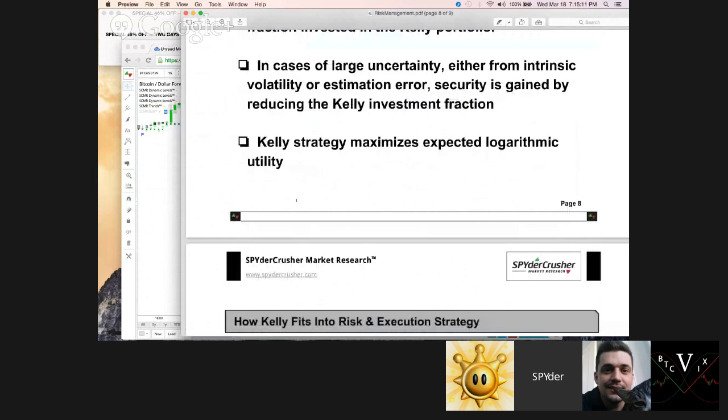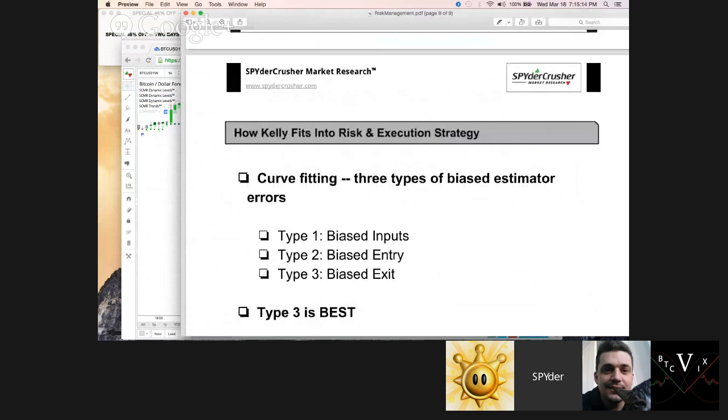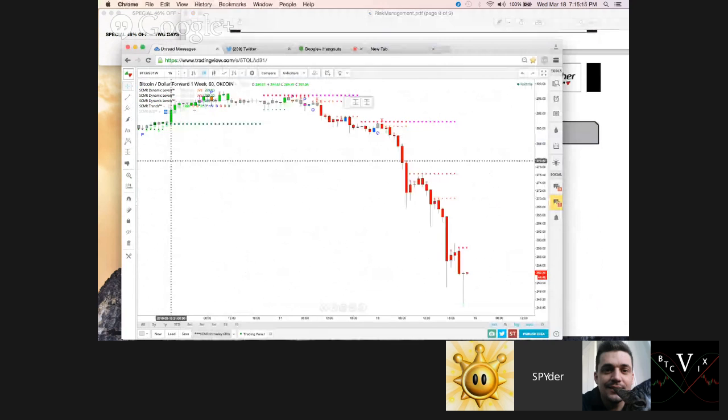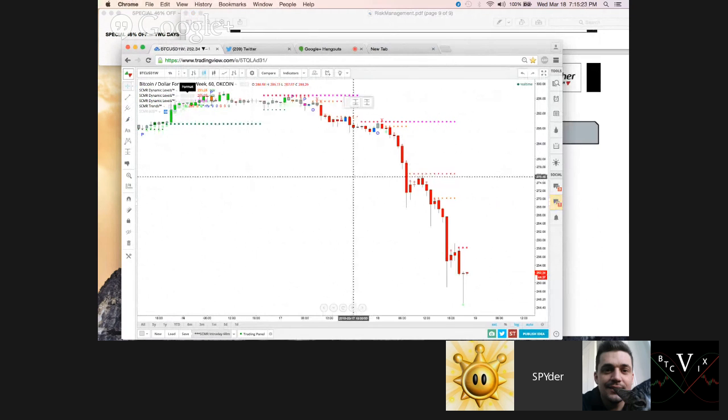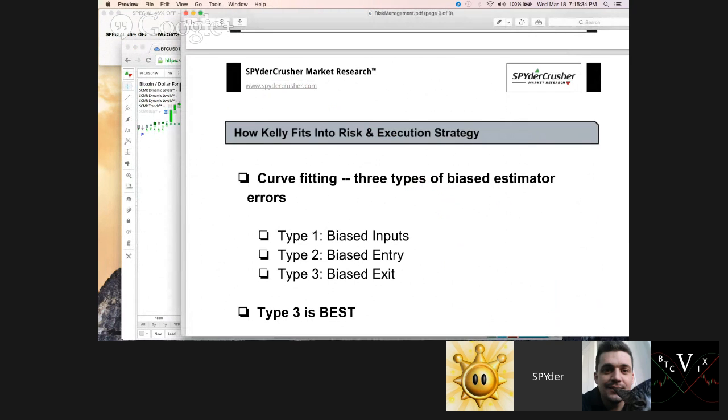So when we look at how the Kelly fits into our risk and execution over here, we've got a whole nother line of research, which is, well, okay, we can do multiple risk reward. That's easy enough, but based on what exactly? Well, it turns out that there's 3 layers of curve fitting and data massaging, I guess. 3 types, and don't confuse these with type 1, type 2 error from statistics.